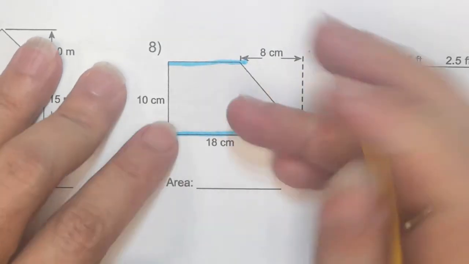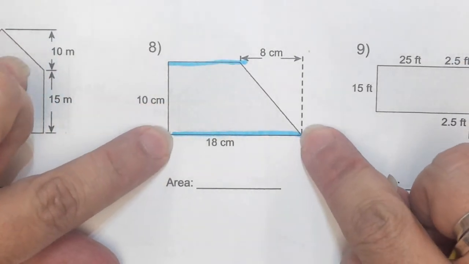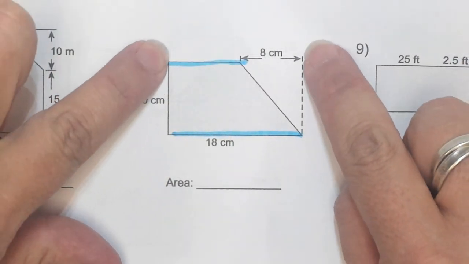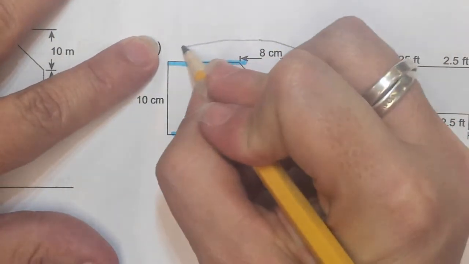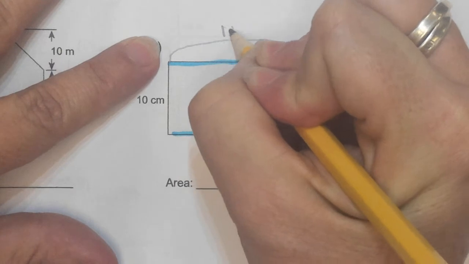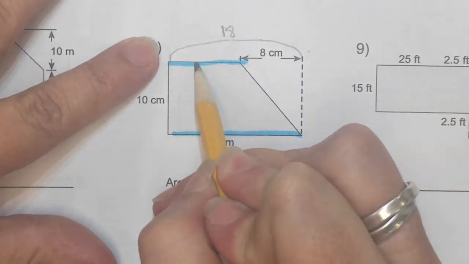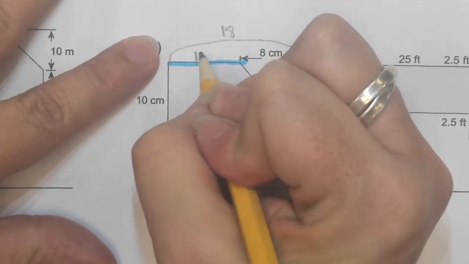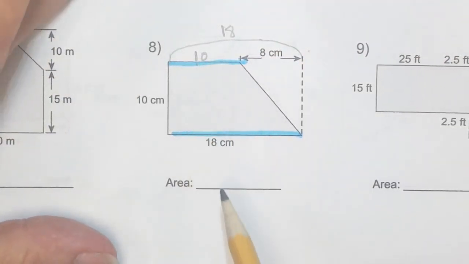So, look. If it is 18 from this side to this side, if I slide that up, it is still 18. So what it's saying is from here to here is 18. Well, if you've got 8 of it, what is left? 10. That's how you get that other wall, and then you can just do it as a trapezoid.